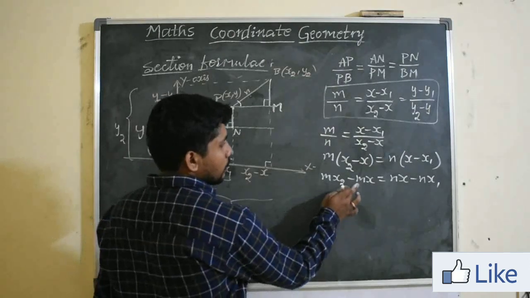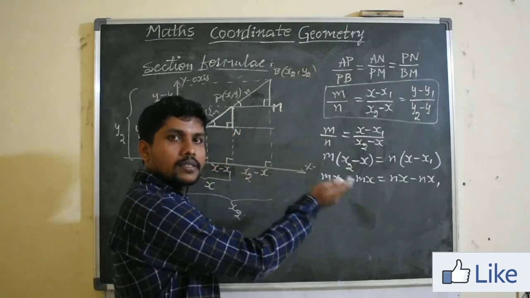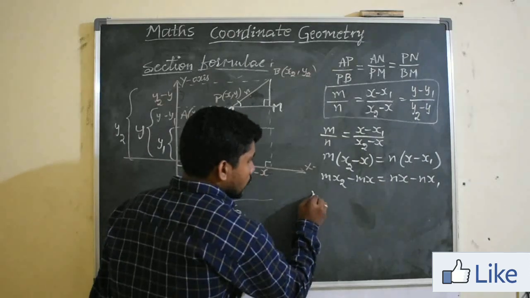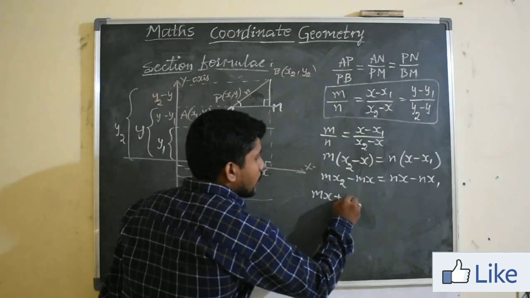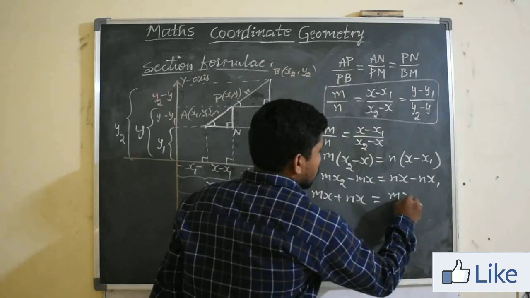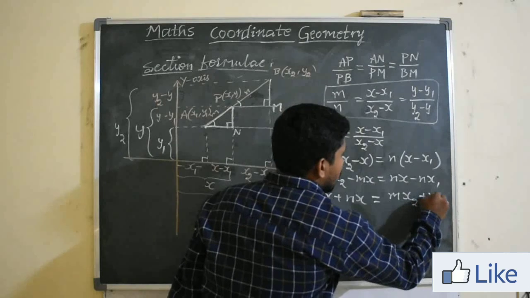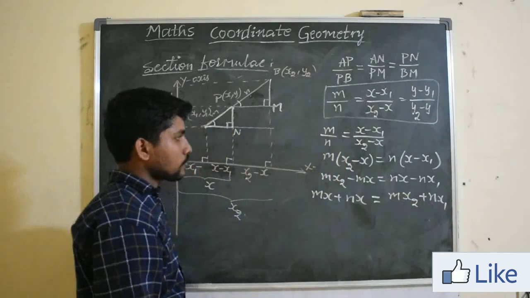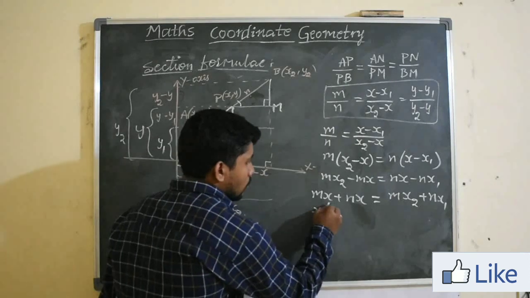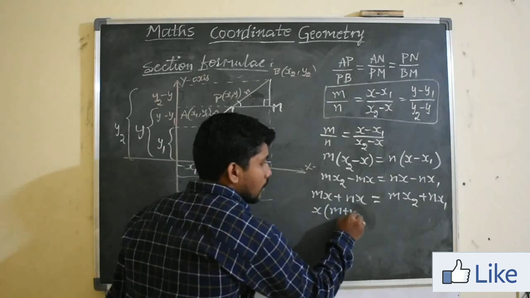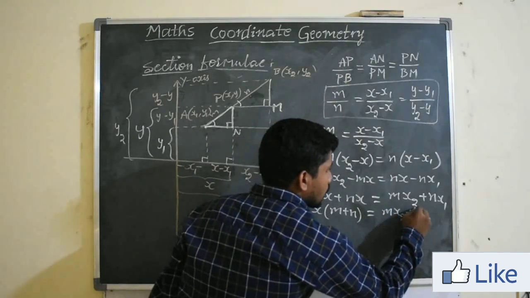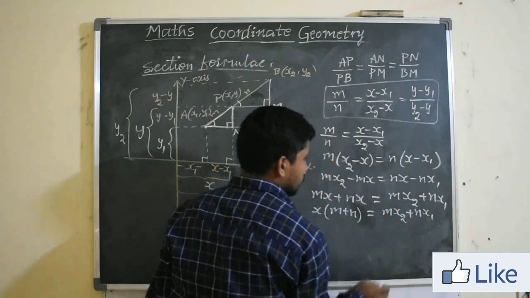Now simplify for the value of x, so bring all x terms to one side and the remaining terms to the other side. So when you do that, you will get mx plus nx is equal to mx2 plus nx1. Now take x as common here, you will get m plus n times x, equal to mx2 plus nx1, right?